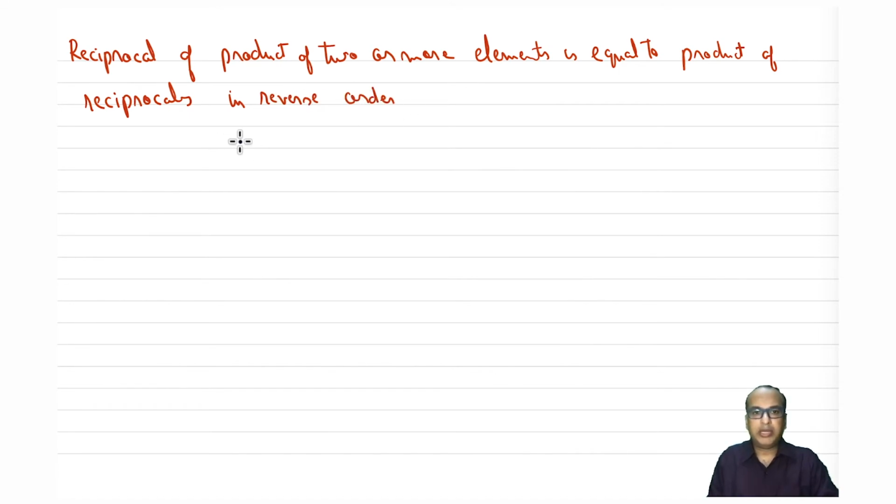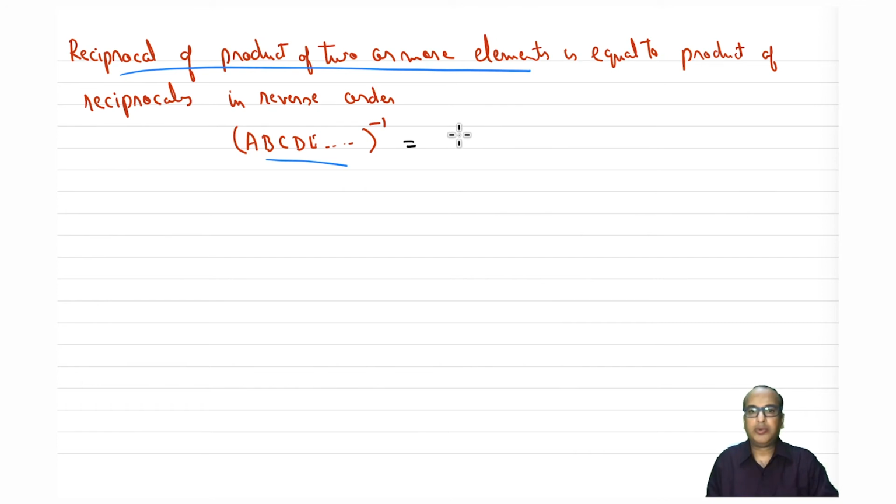So what do I mean by that? Mathematically you can write it as A, B, C, D, E, and so on. The reciprocal of a product of two or more elements, which is written over here, is equal to the product of reciprocals in reverse order.